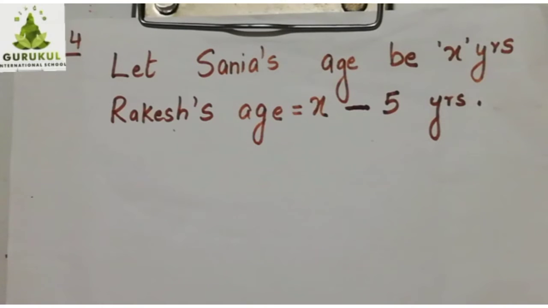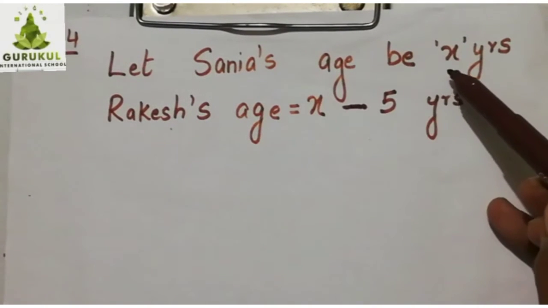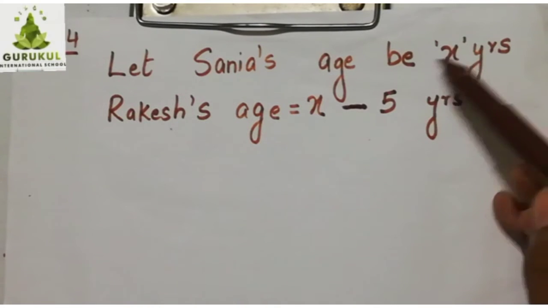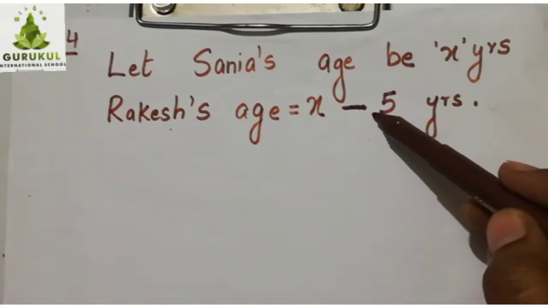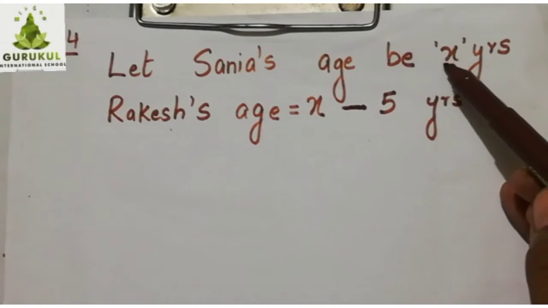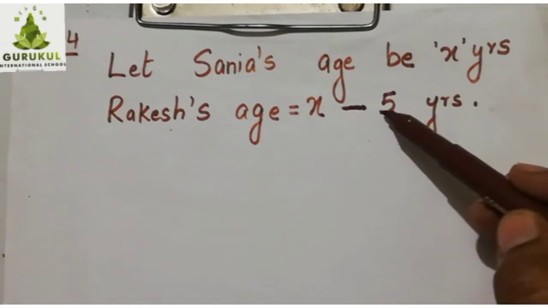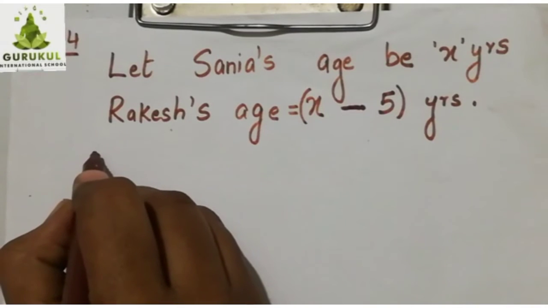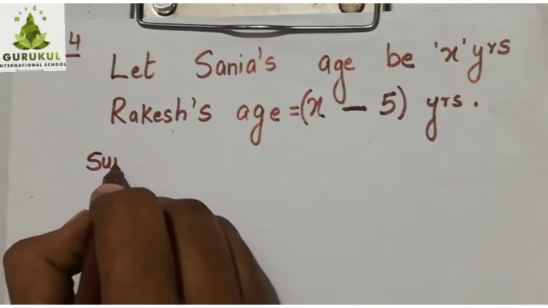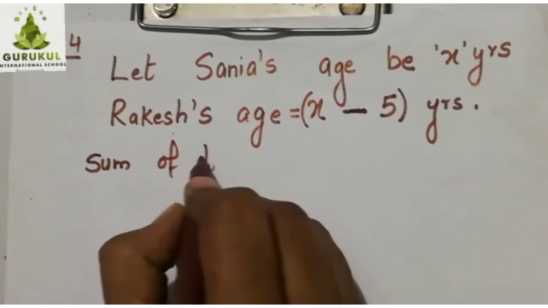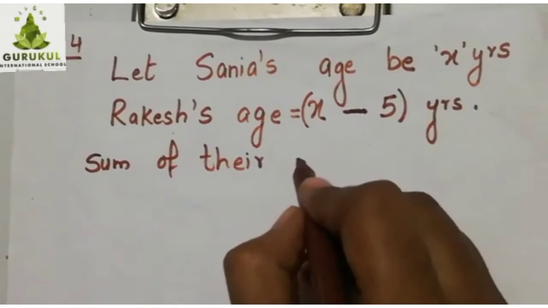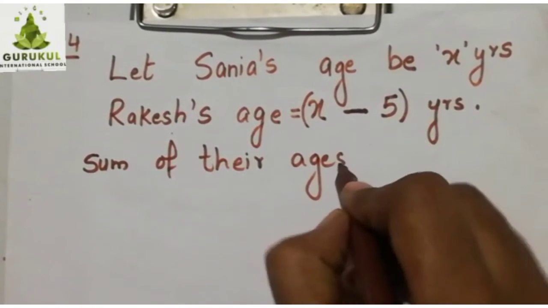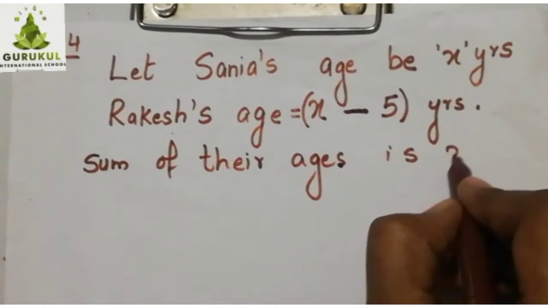The sum of their ages is 27. Now sum of their ages means Sania's age plus Rakesh's age is 27. That means X plus X minus 5, where X minus 5 is Rakesh's age. The sum of their ages is given to you as 27 years.